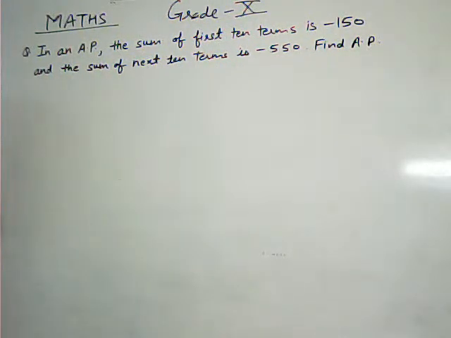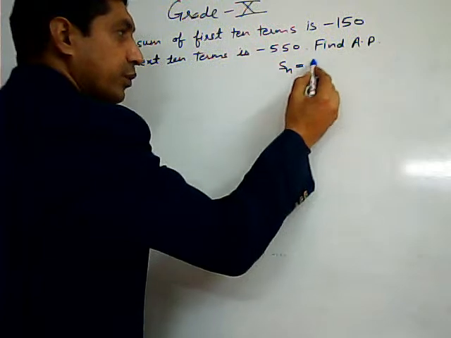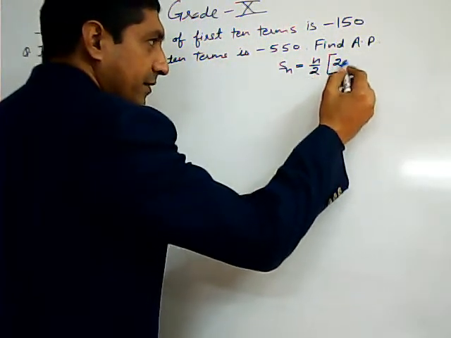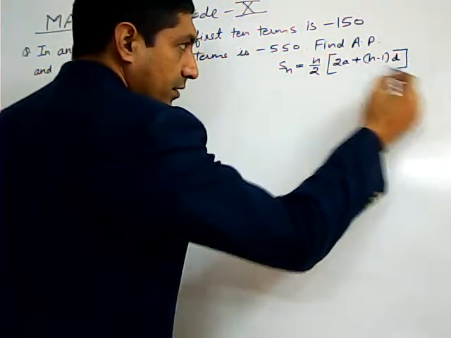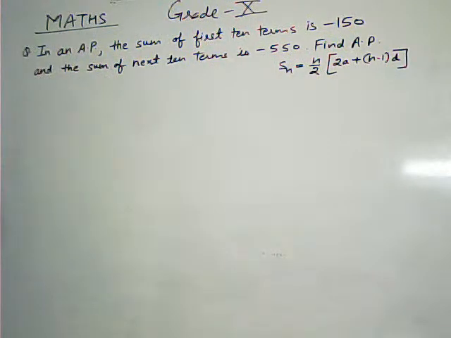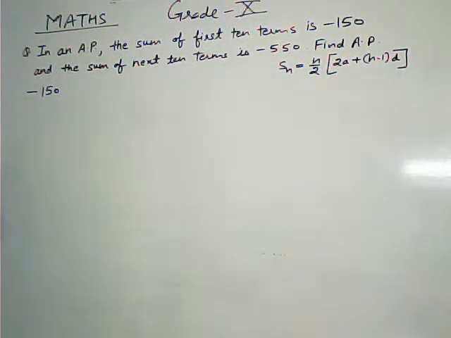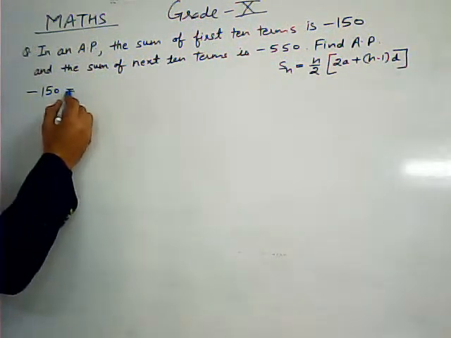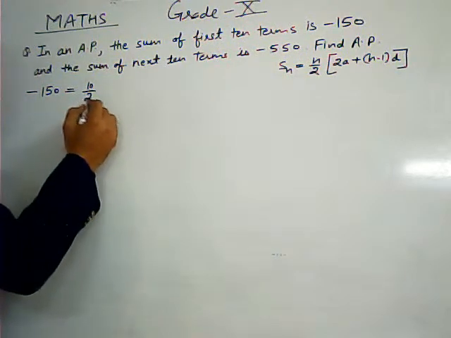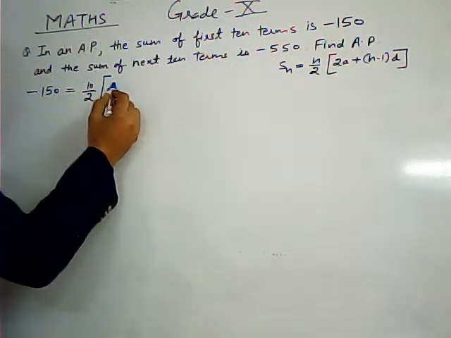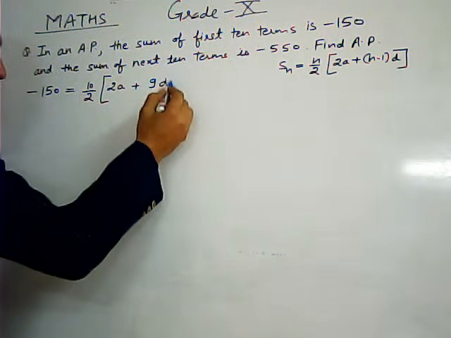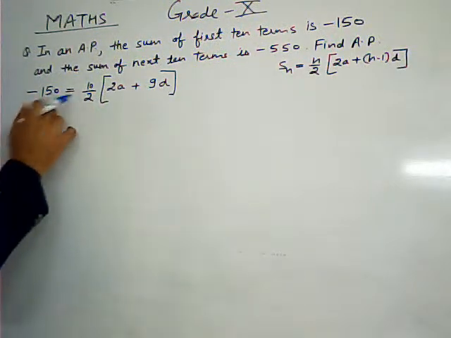In this question, we have to use the formula for the sum of first n terms: Sn is equal to n by 2 into (2a plus (n minus 1) d). For the first 10 terms, minus 150 is equal to 10 by 2 into (2a plus (n minus 1) d).